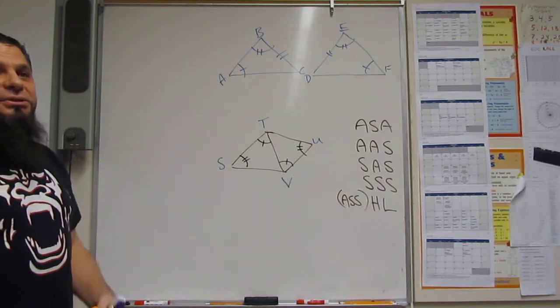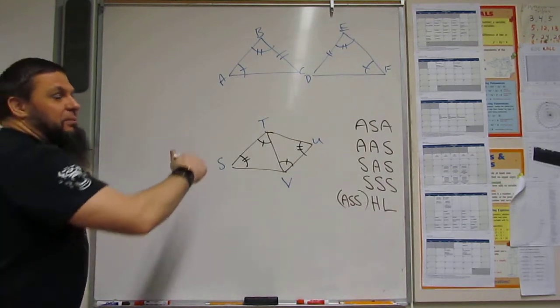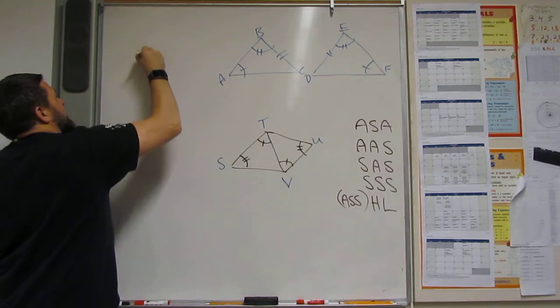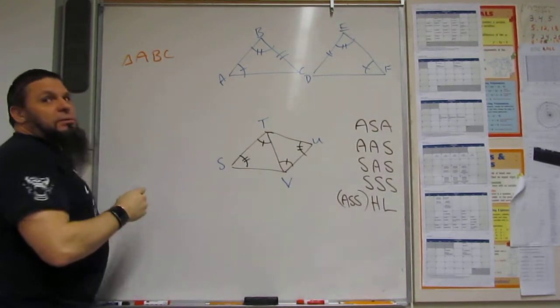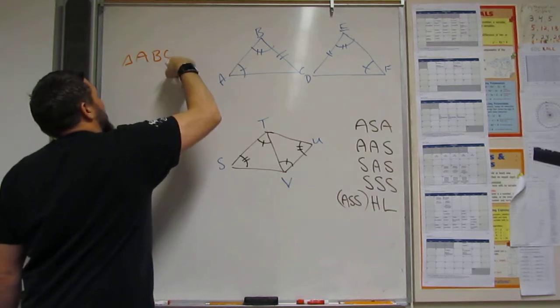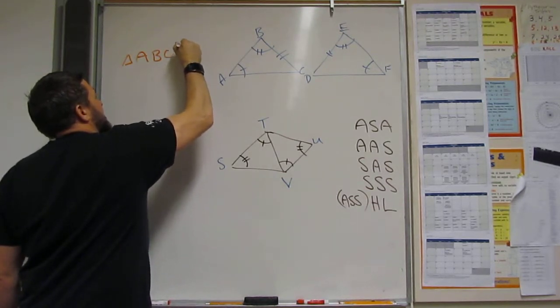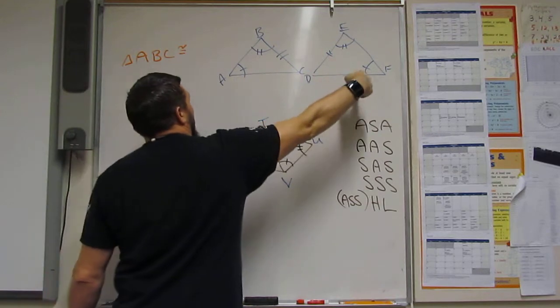So I want to label this triangle, and I'm going to label this first one triangle A, B, C. Right? And I want to know if this triangle is congruent to this other triangle.